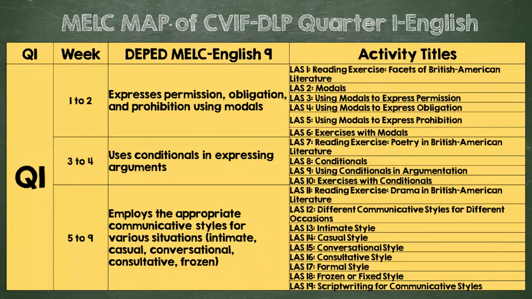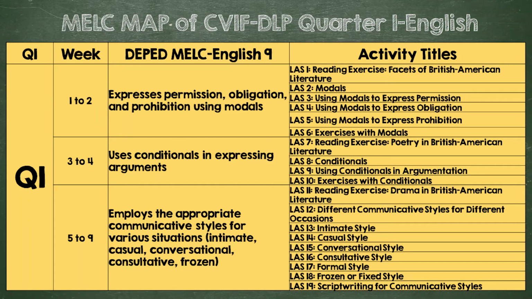For example, for English, for the first quarter, we can have these 3 most essential learning competencies. Because these competencies are very broad, they can be broken down into several learning activity sheets.